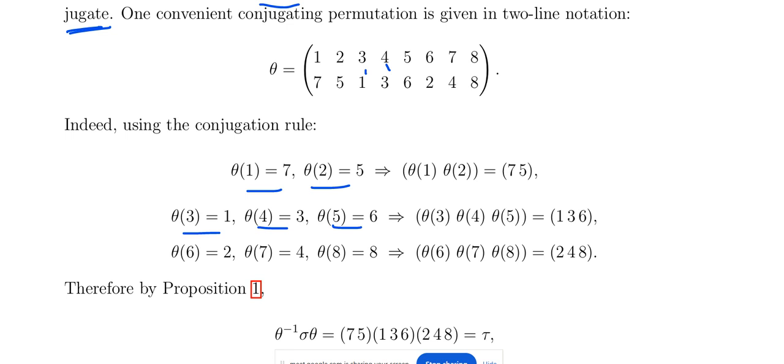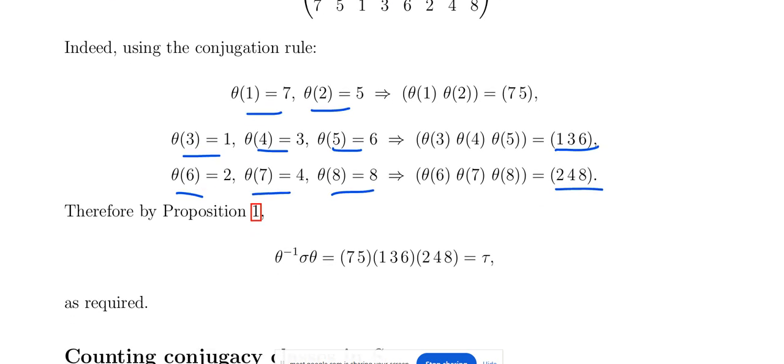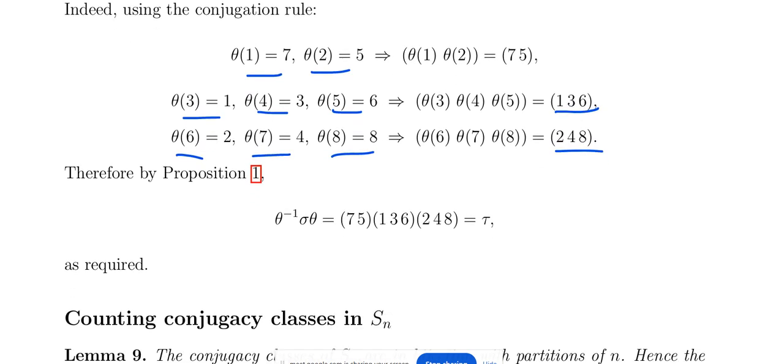So theta of 3, 4, 5 is 1 3 6 அப்படின்னு எழுதலாம். அதே மாதிரி theta of 6 equal to 2, theta of 7 equal to 4, theta of 8 equal to 8, that is 2 4 8 எழுதலாம். Therefore by the result, theta inverse sigma theta ன்றது 7 5 1 3 6 2 4 8. This is equivalent to tau, because both are conjugate, okay.